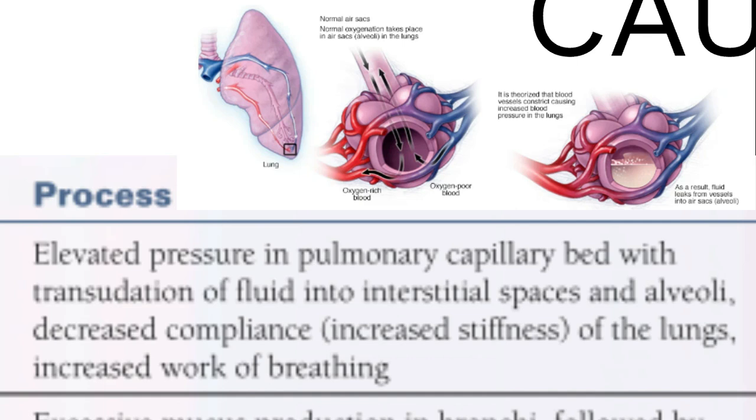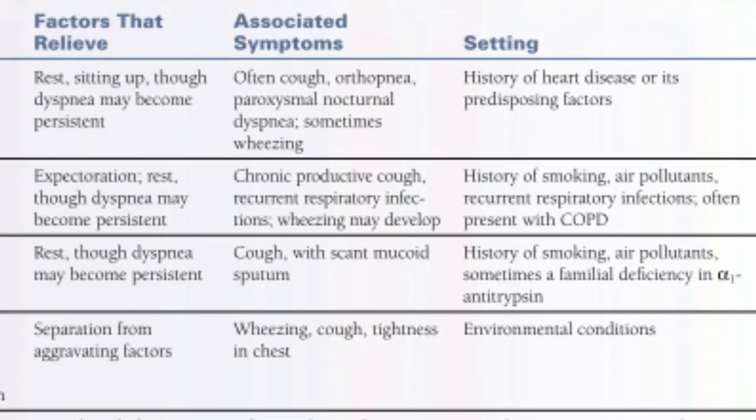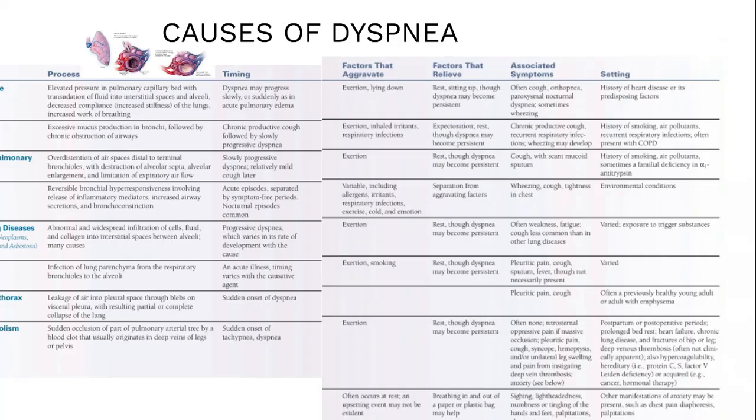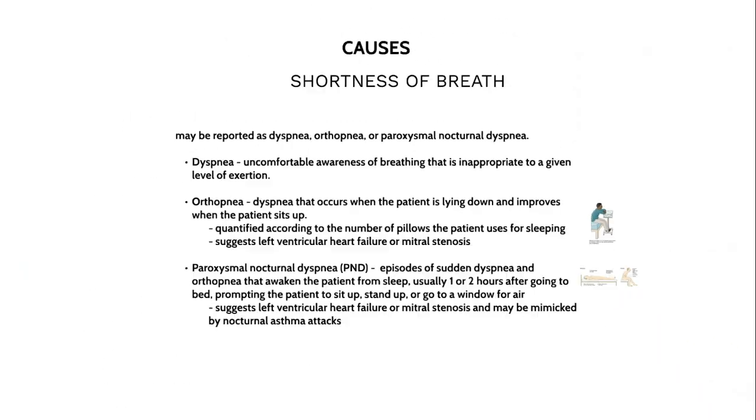So there will be transudation, stiffness of the lungs, and an increased work of breathing. You have to look for the timing, factors that aggravate or relieve, and the setting, and it can help you in the diagnosis of the patient.